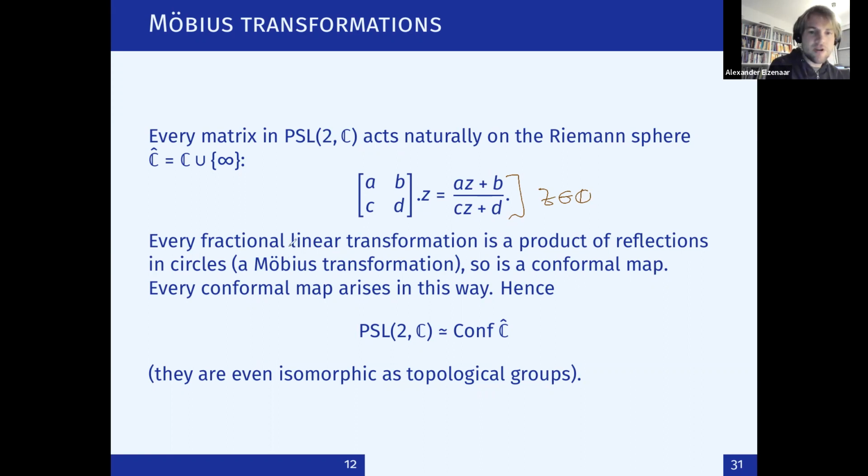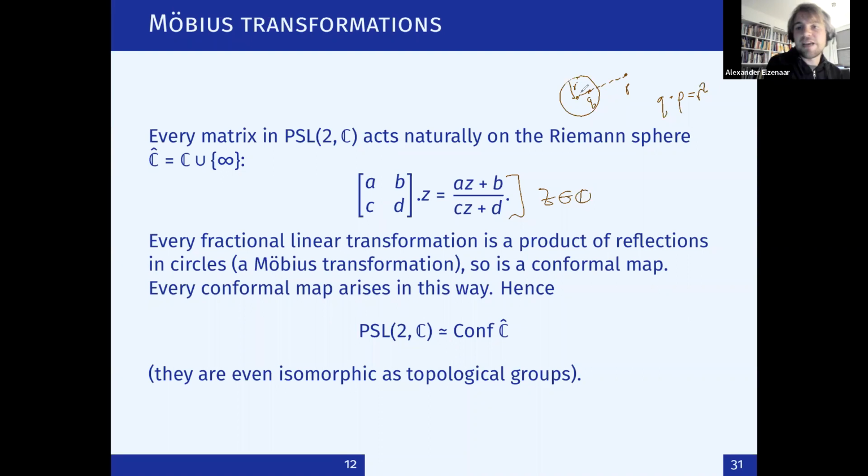By elementary complex analysis, all of these linear transformations are products of reflections in circles. When I say reflection in a circle, I take a circle, it has a center, and the reflection sends a point P to a point Q on this line, such that if R is the radius of the circle, the distance from the center to Q times the distance from the center to P is R squared.